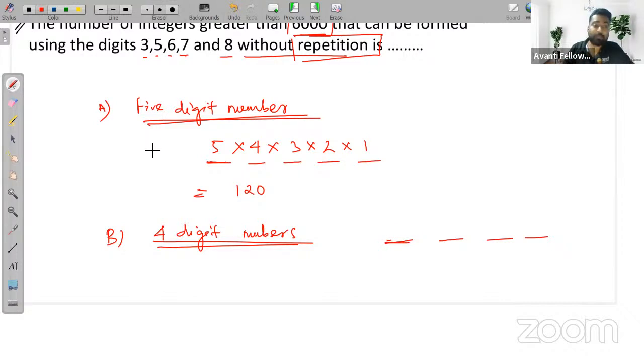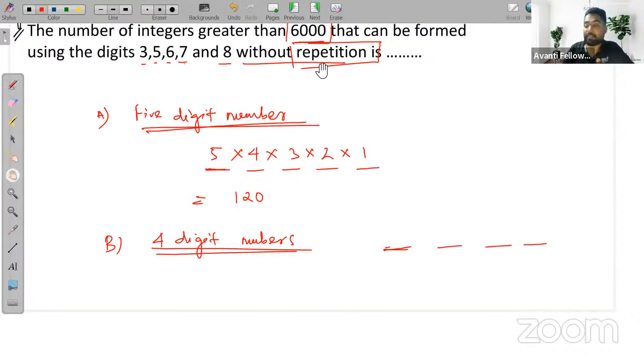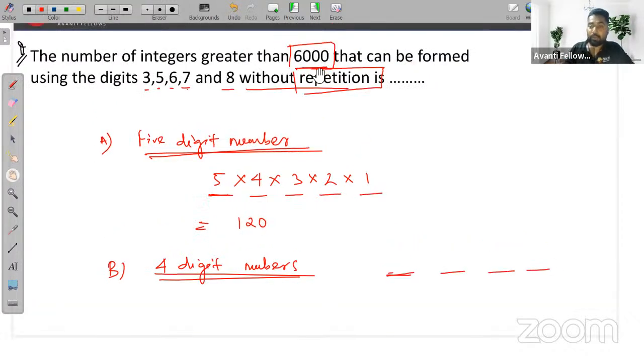The number must be greater than 6,000, so we can choose for the first place from these 5 digits only 6, 7, 8. So for the first place we have 3 options. That is 3 into.